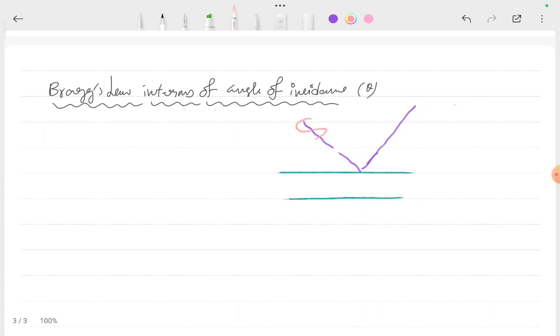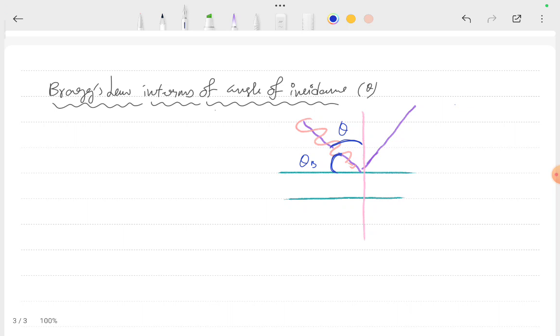This is the electromagnetic wave, and it is incident on this plane. But we all know this angle is called theta_B, Bragg's angle, but this angle is called theta, the incident angle.